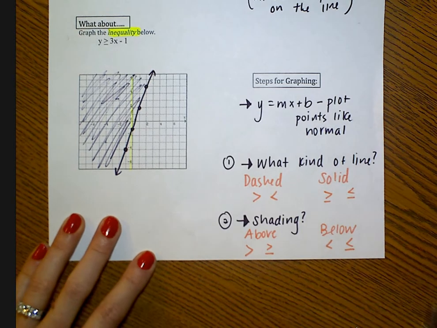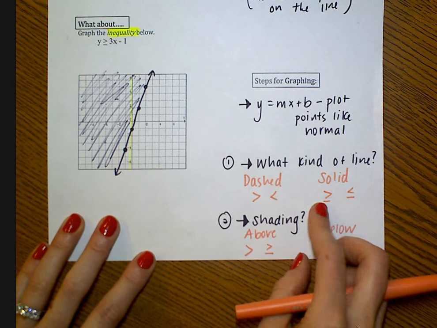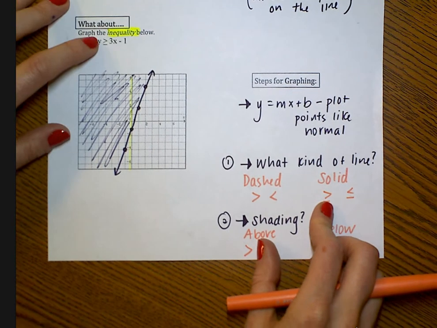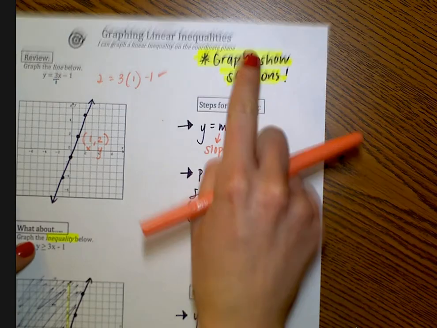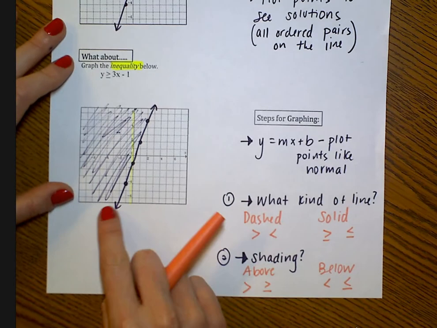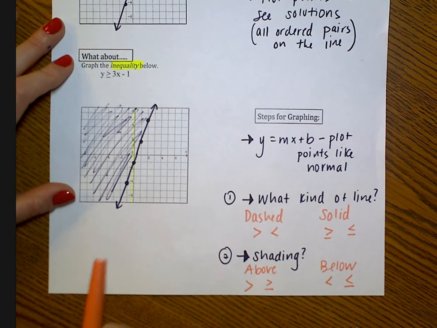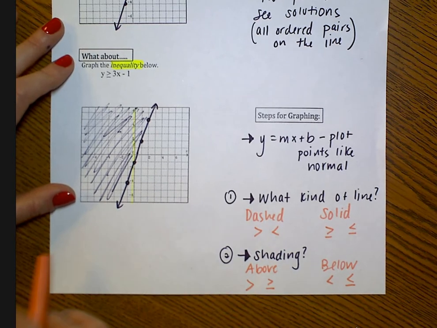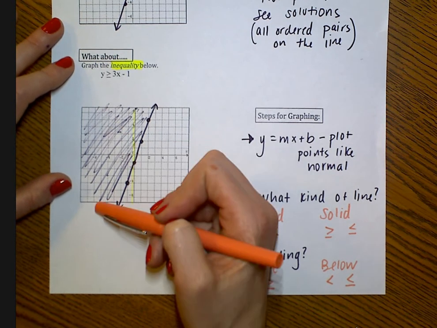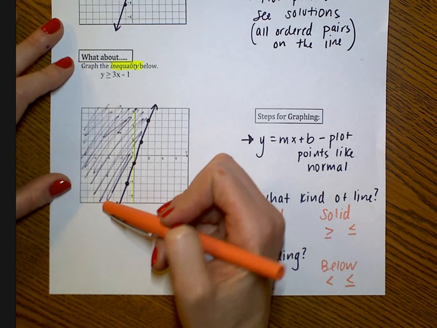Now the reason that you shade and the reason we think about a different kind of line all has to do with the solutions to this inequality. On the quizzes and the test, I'm going to say, give me a solution to this inequality. Any part that's shaded on this graph is a solution.